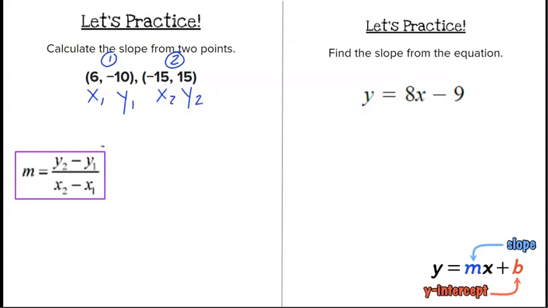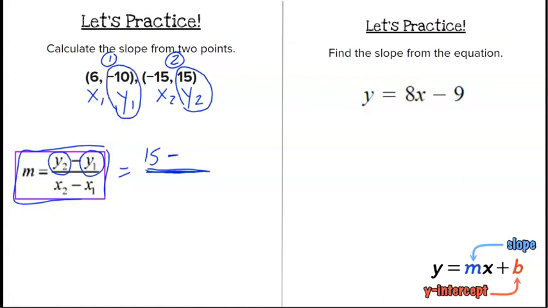Now we're going to use this slope formula here to replace our variables with their values. So in this case, y2, I can go up to where I put my label y2, and that's the number 15. Minus the value of y1, so I go up to where I put my labels, y1, I labeled -10 as y1.